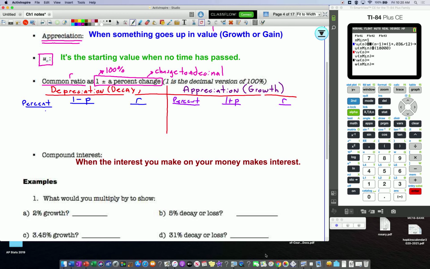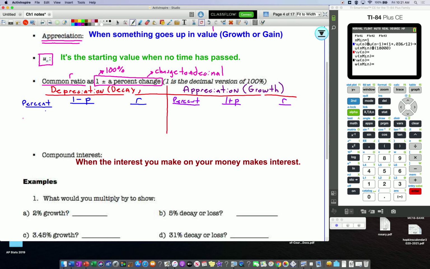You probably remember that from your Algebra 1 days or general math classes. Whether we have plus or minus depends on whether it's depreciation or decay, or appreciation and growth. When it's growing, we're adding. When we're depreciating or decaying, we're subtracting that percentage.